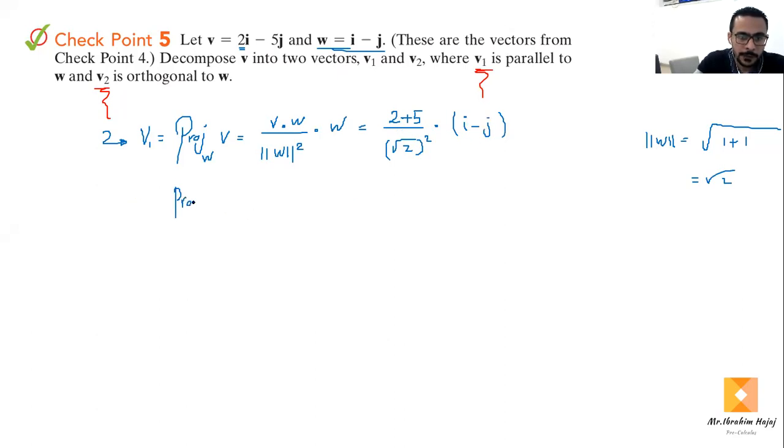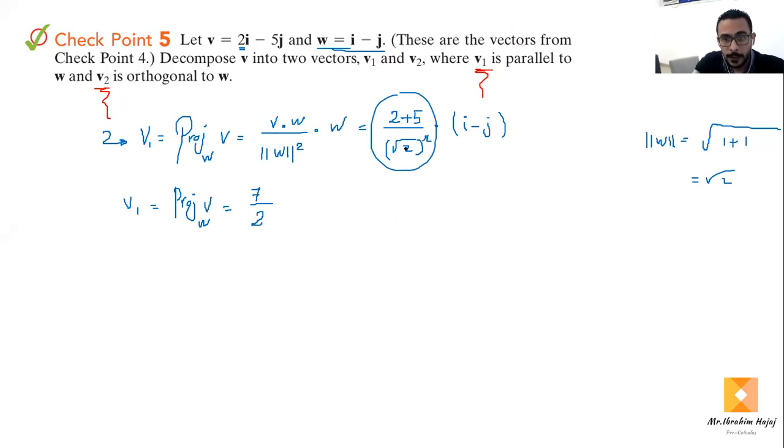So the projection of V onto W, which is the first vector V1, equals 7 over 2.